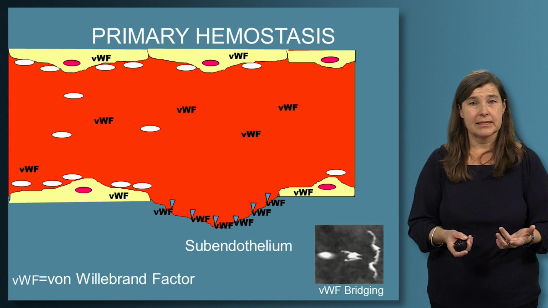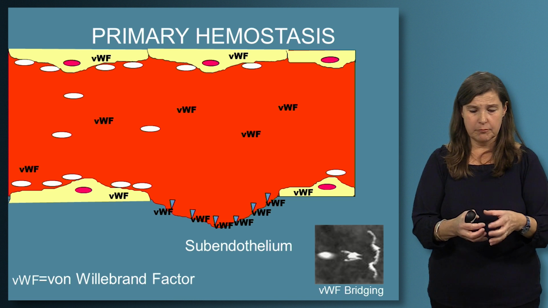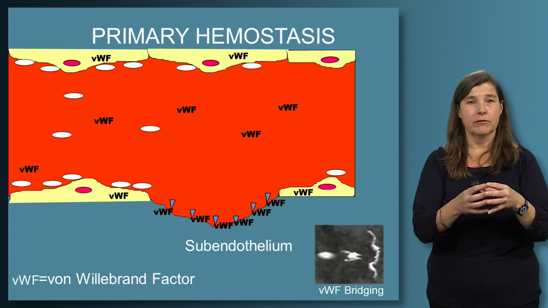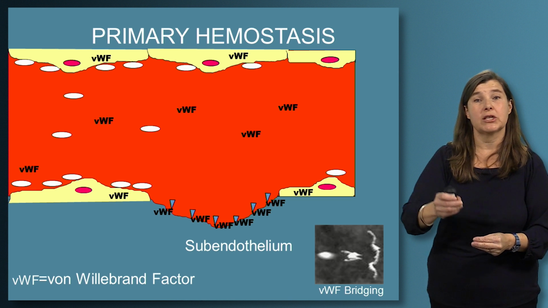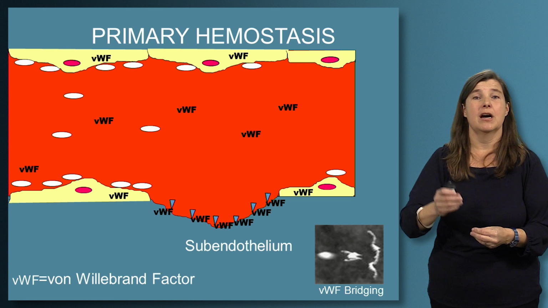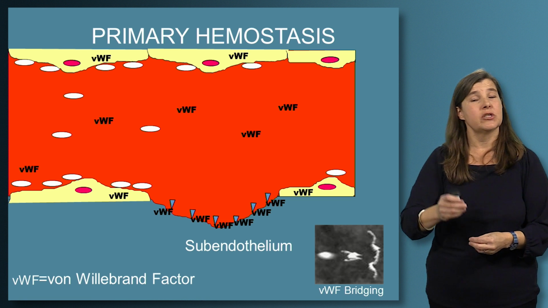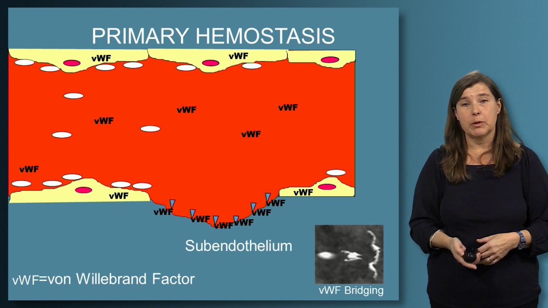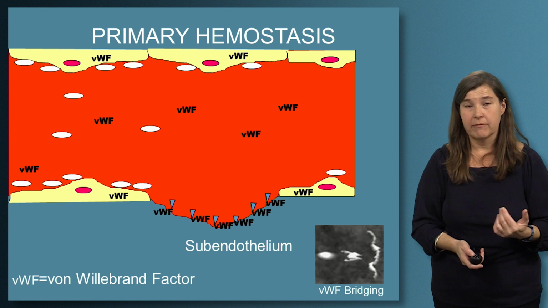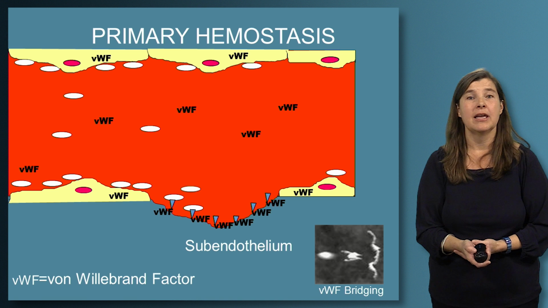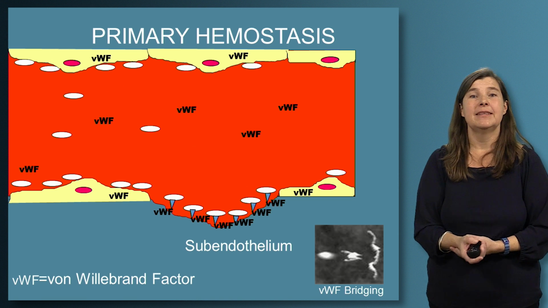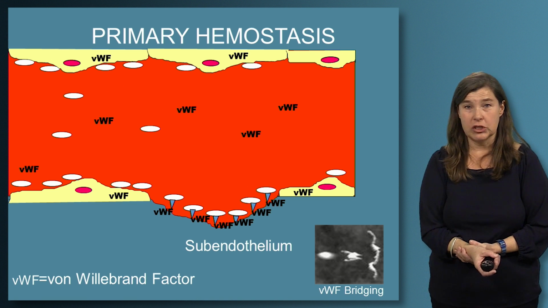When it binds, it goes from being a big blob that just sits there or floats around, as you see in the picture at the bottom right, to being stretched out. It forms a bridge. And as it stretches out, it exposes a receptor for platelets that are rolling along. And as those platelets come along, they bind. This is platelet adhesion.